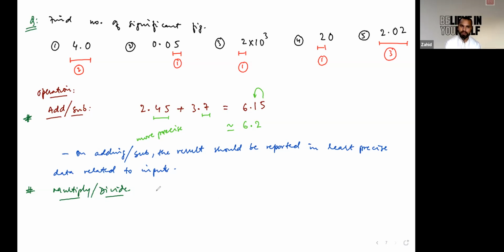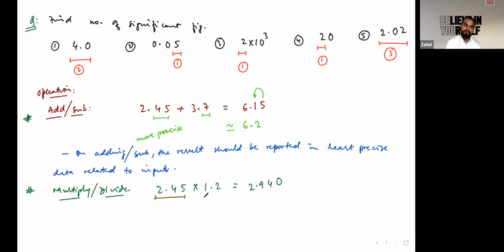Similarly, if you want to multiply or divide any two significant figures, suppose 2.45 multiplied by 1.2. On multiplying, you will get 12 into 5, which is 60, 0. 12 into 4, 48 plus 6, 54. 12 into 2, 24, plus 5, 29. So it will be 2.940. Now just count the total number of significant figures.